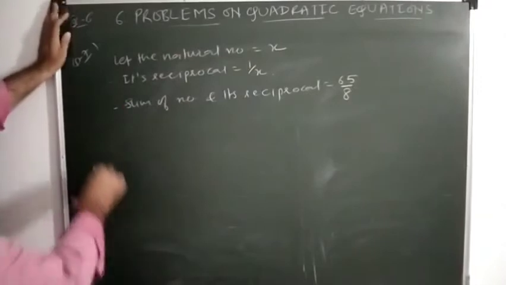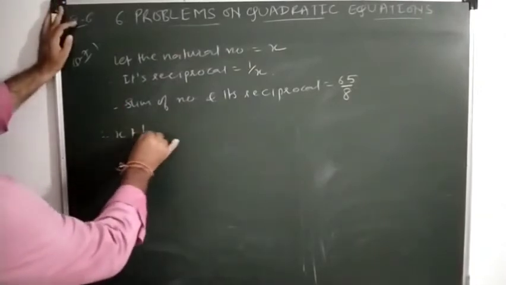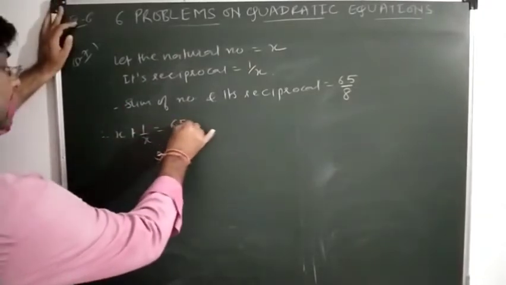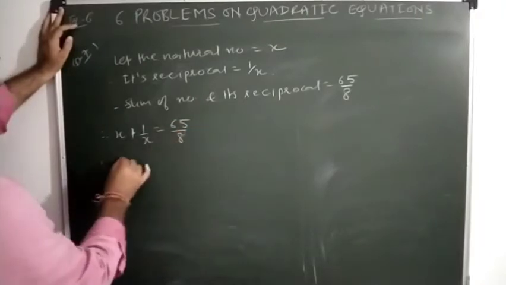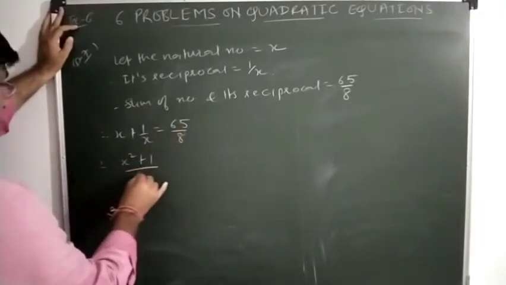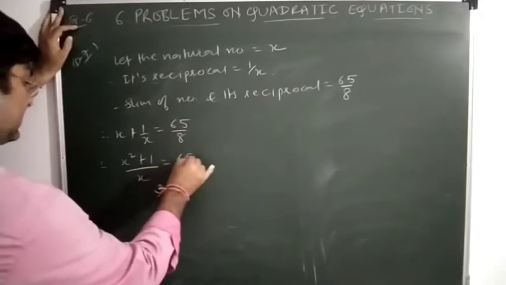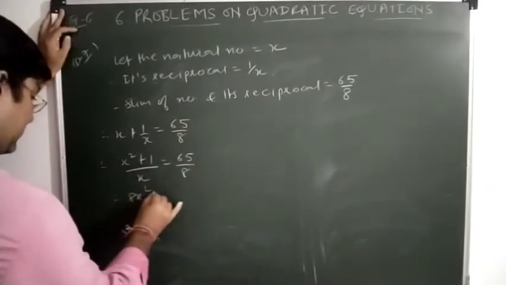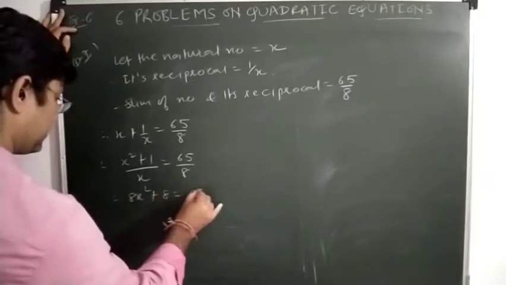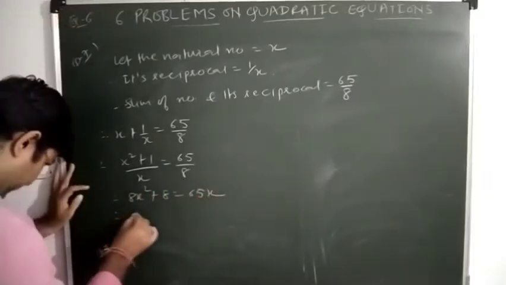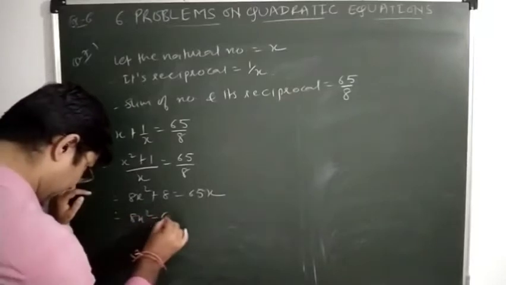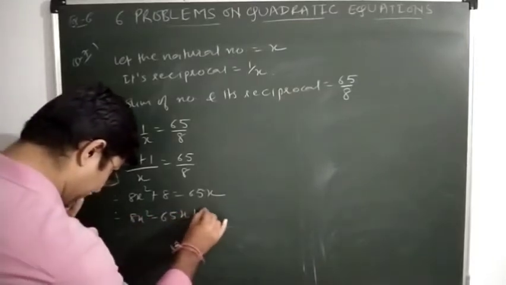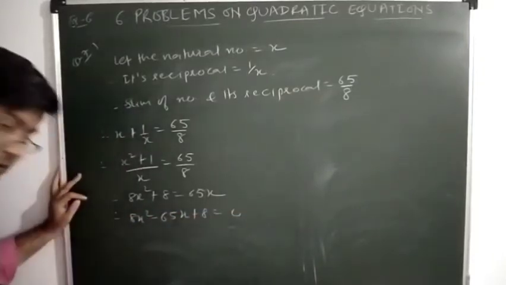Let us add them. Therefore x plus 1 upon x is equal to, we are given, 65 by 8. Let us simplify. x square plus 1 upon x is equal to 65 by 8. Therefore 8x square plus 8 is equal to 65x. And therefore 8x square minus 65x plus 8 is equal to 0.